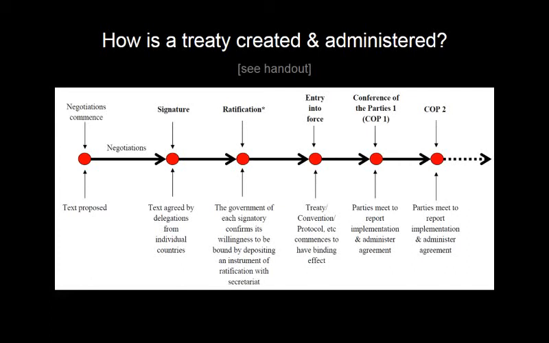Once it's ratified, a country might still not be bound because different treaties set up different thresholds for when the treaty will enter into force. The reason is often that with treaties where there's a shared trade issue, like marine pollution and international shipping, countries that are going to impose regulation on vessels registered in their country don't want to sign up to something that will encourage ships to go to other countries to register to avoid their regulations.